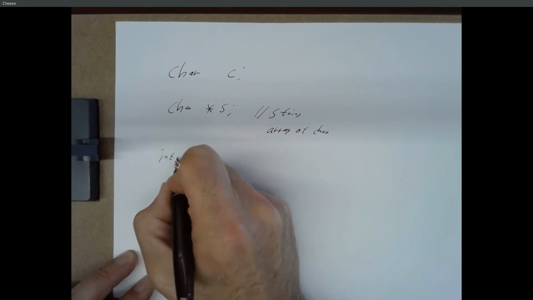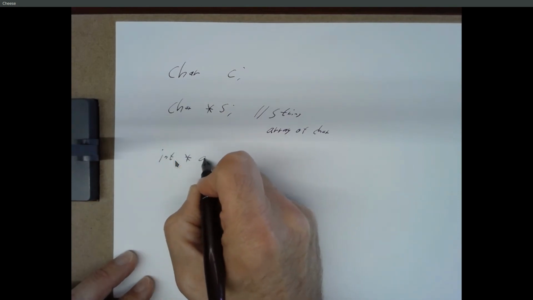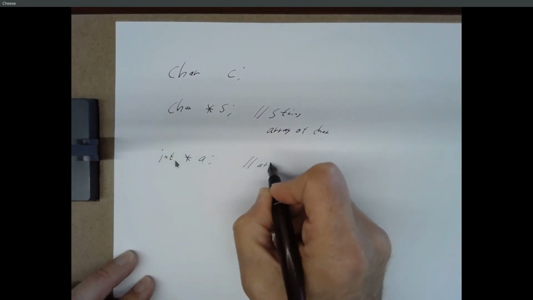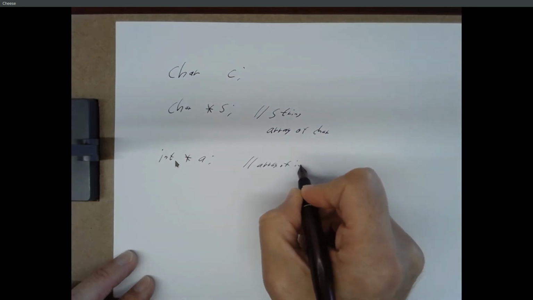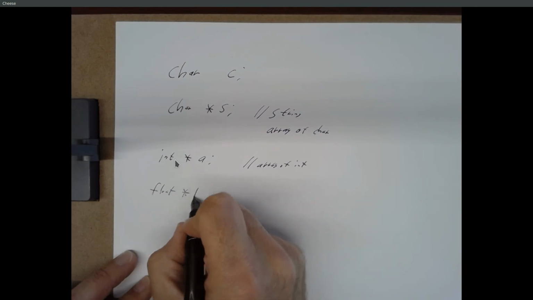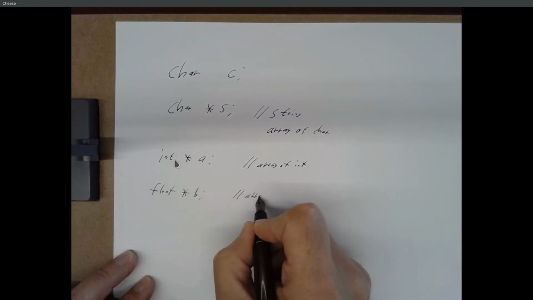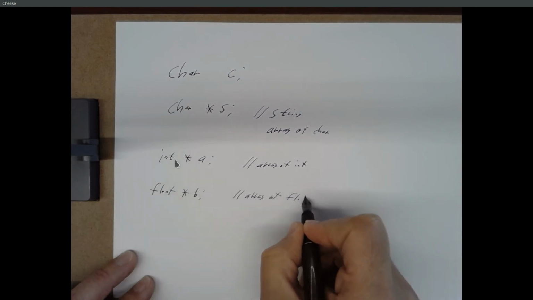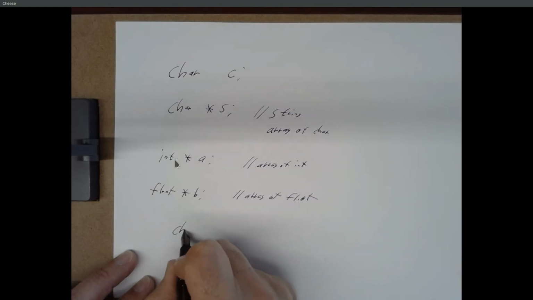If you say int *a, that's an array of int, right? If we say float *b, that's an array of float. What if I say char **s?